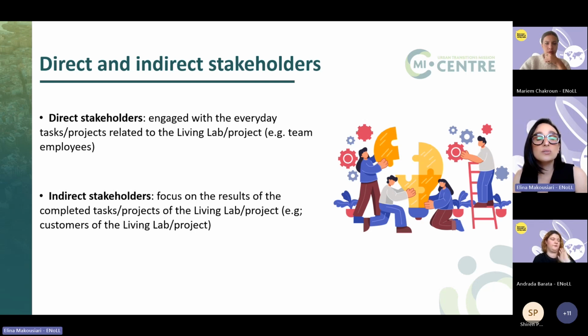An important note about these different categories is to keep in mind that stakeholders may not stay forever in a specific category. Depending on the point within the timeline of the project, or a specific activity you want to do with them, they may fall into different categories. It's important to understand these categories, but also that they may change.